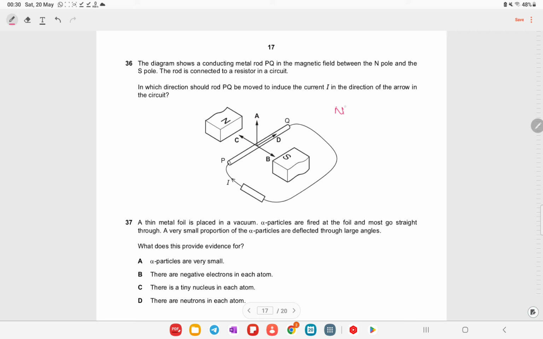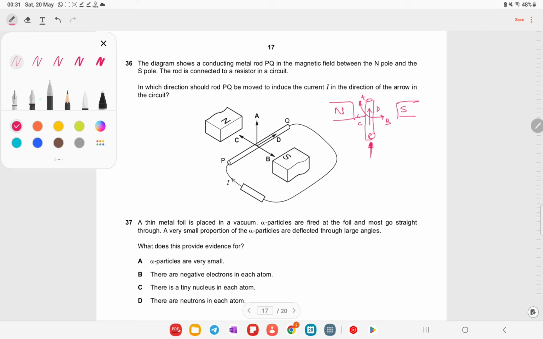This is your north pole and this is your south pole, and this is your wire. This is D, this is B, and this is A. This is upward and this is C. The direction of the current is in this direction, so this is your I.